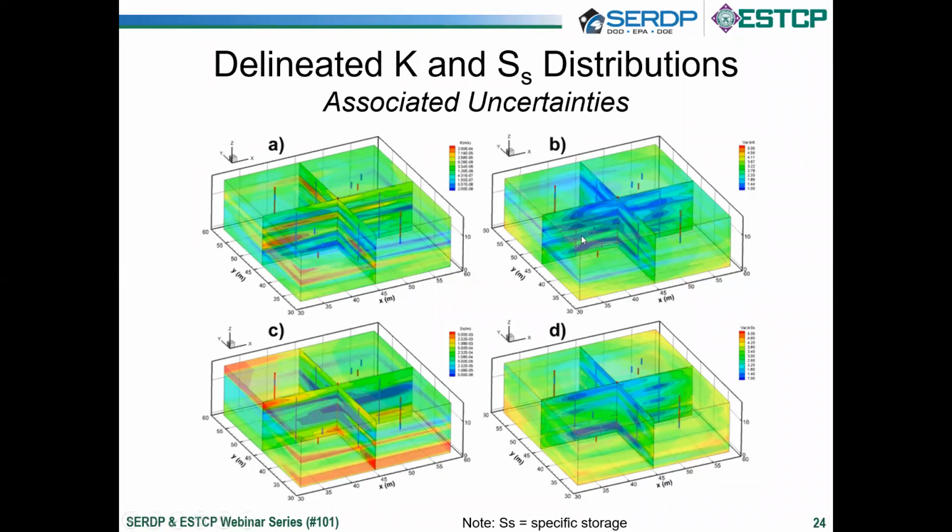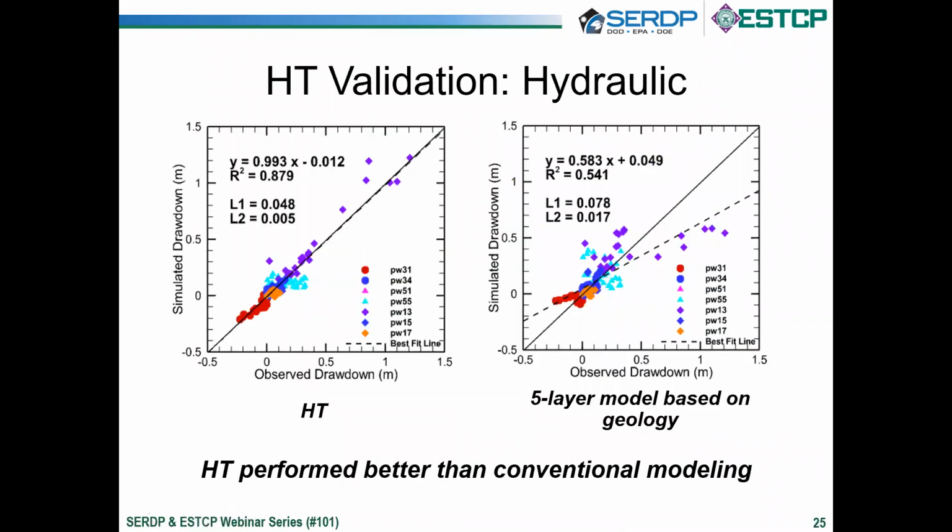The uncertainty is reduced when you have measurement locations, and the uncertainty becomes higher if you don't have any data. Next, let's look at the performance of the hydraulic tomography, the hydraulic conductivity distribution, and specific storage distribution as a result.